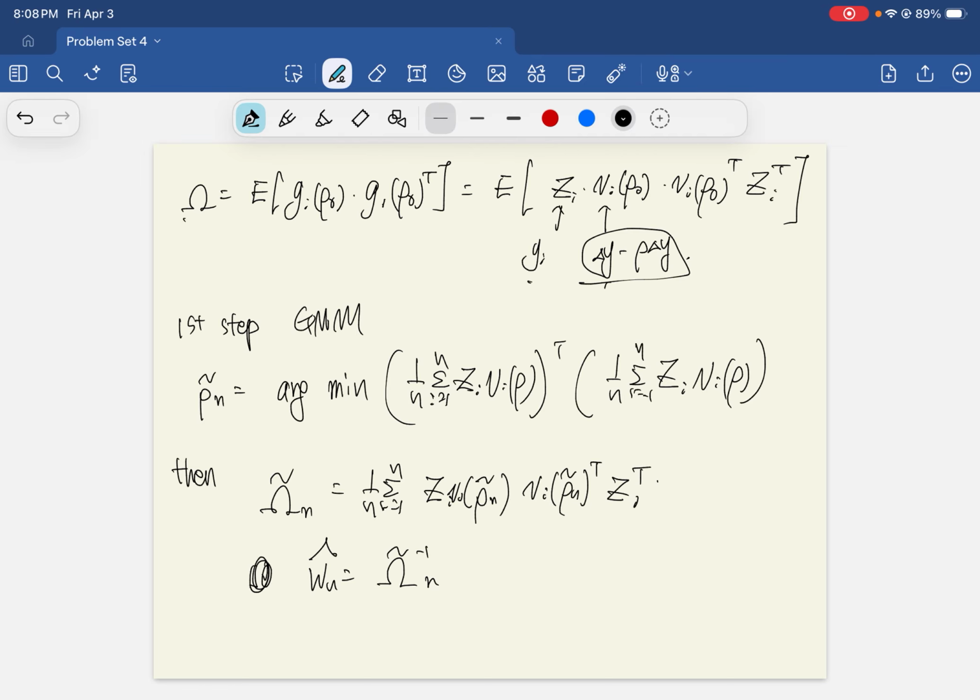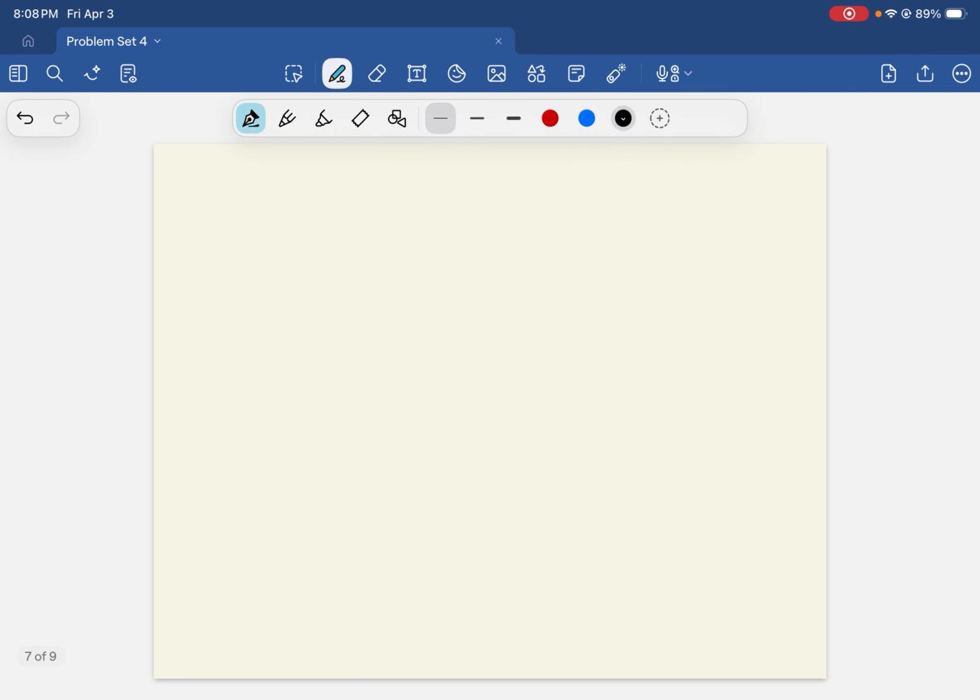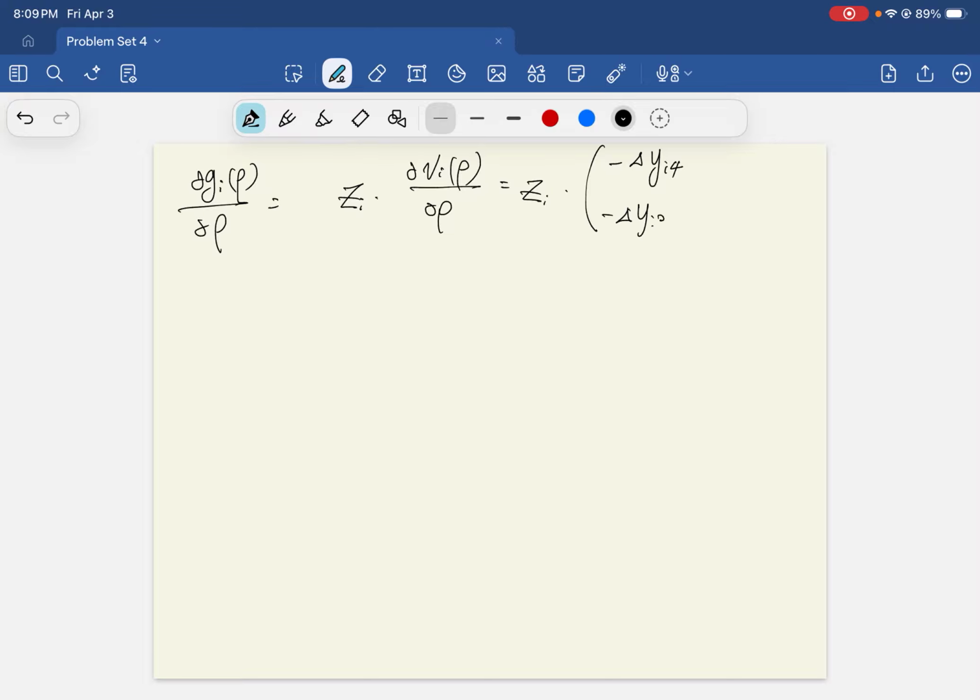Okay. Next, let's think about the derivative. The derivative is even simpler, right? It is Z_i times minus delta y_i4 and minus delta y_i3. I believe this should be right.